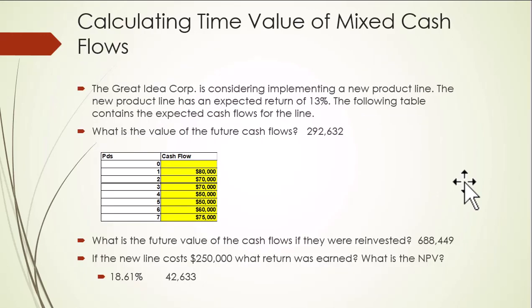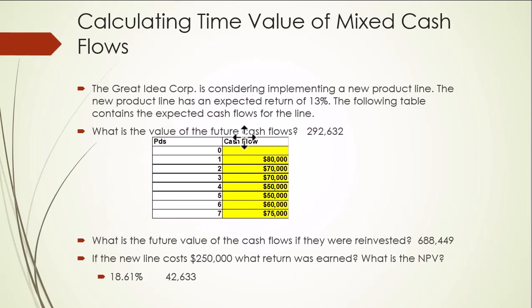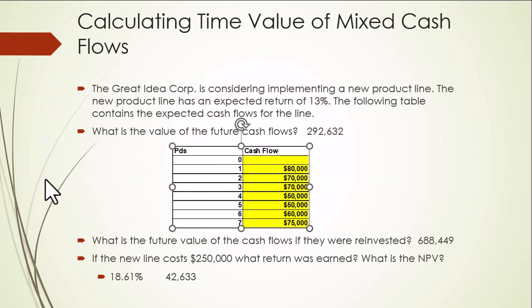The last thing to talk about is the mixed cash flow concept that we talked about. It's just a different kind of cash flow. And again, what we find is there is a spreadsheet where you plug these numbers in. And the idea is at 13%, what values can we calculate with these expected cash flows?